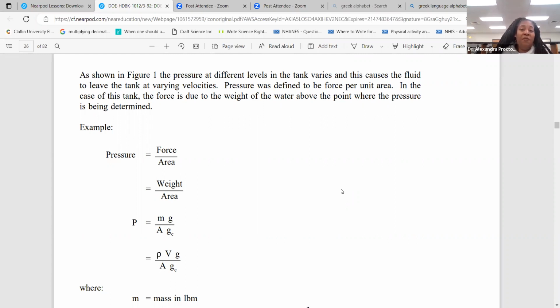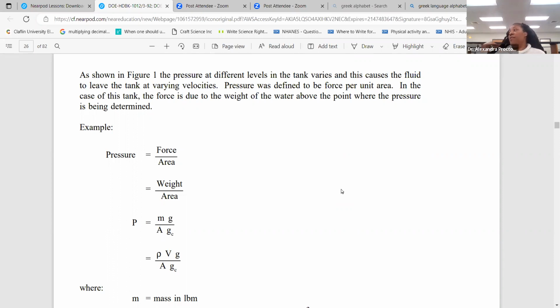So pressure was defined as force per unit area. In the case of the tank, the force is due to the weight of the water above the point where the pressure is being determined. So here they have the equation: pressure is equal to force per unit area, and for that force you can substitute in weight.